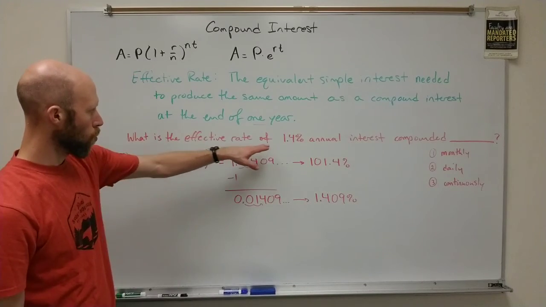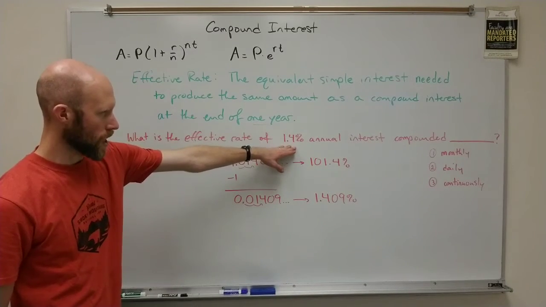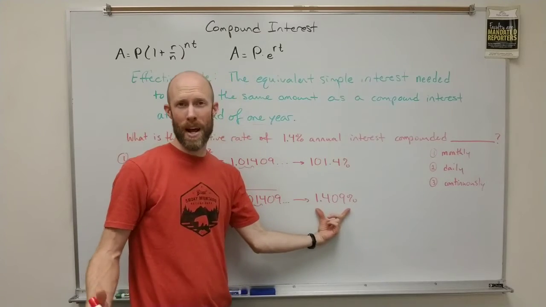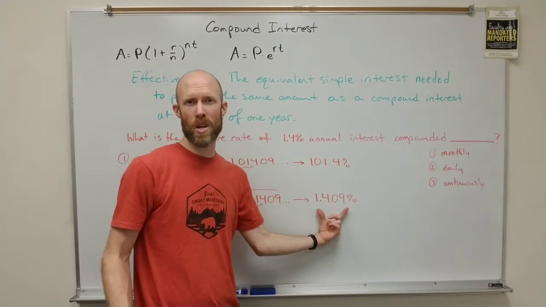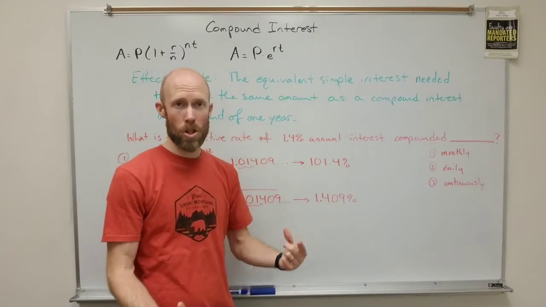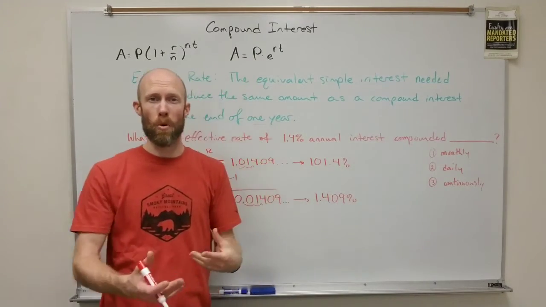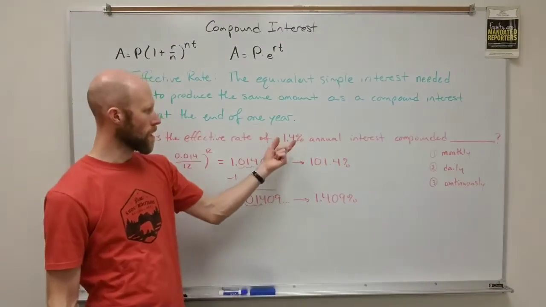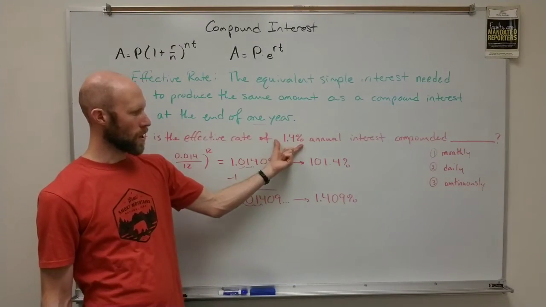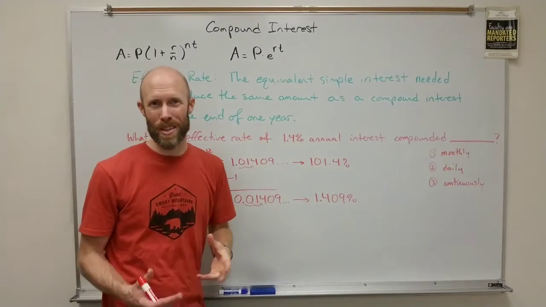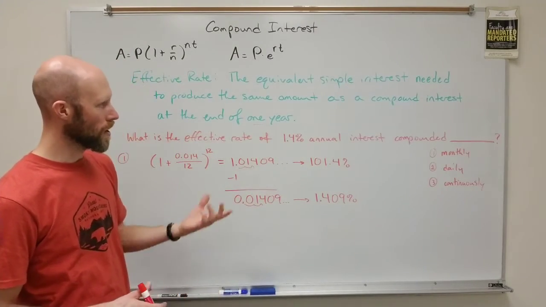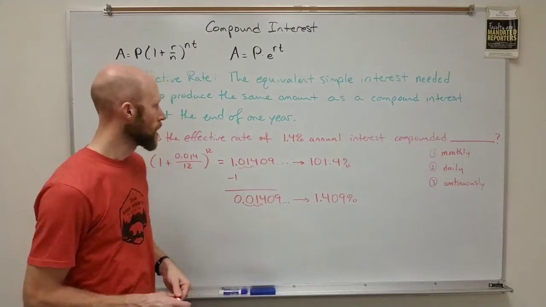So a 1.4% annual interest compounded monthly gives us a 1.409% effective yield. So it's slightly higher, which it should be because the compounding puts more money in. The effective yield should always be slightly higher than the original interest rate. It's really not that much higher in this case, but it is higher.